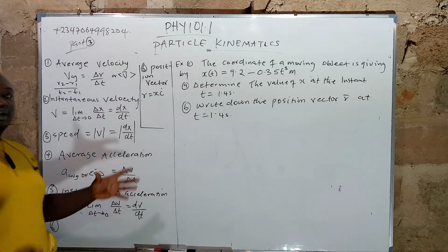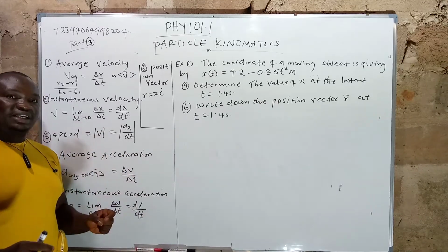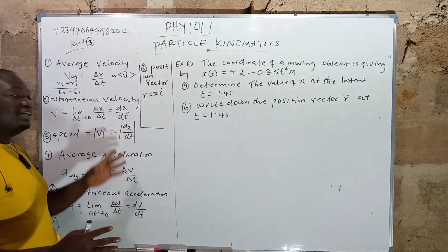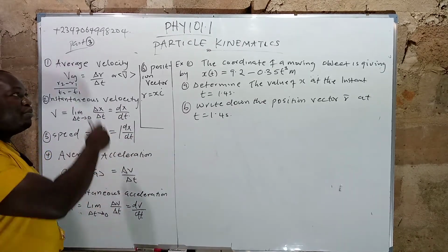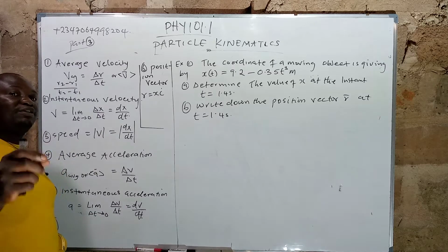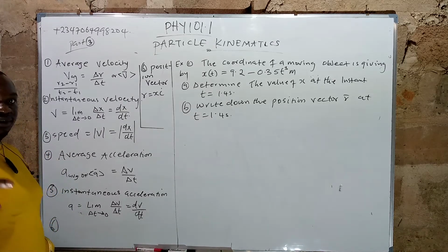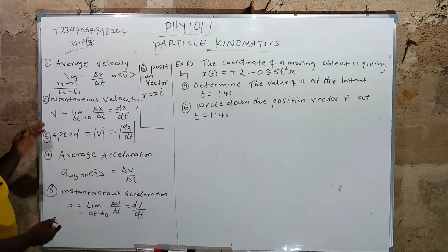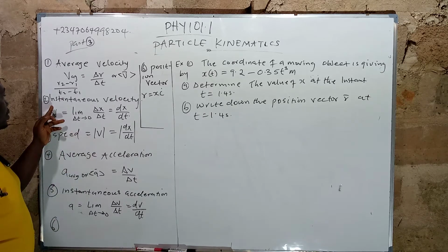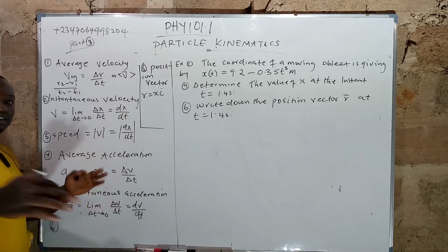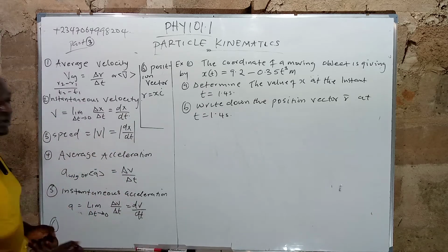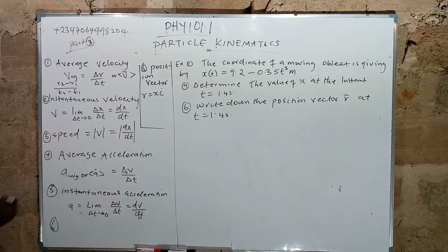I said, check our channel immediately, go to the playlist, you see where I did a video on differentiation. Use it to refresh your memory before you come back to watch this video, unless you already have a knowledge of differentiation. Now, the speed is the magnitude of the instantaneous velocity. So it's a magnitude. Whenever I start solving calculations, you start understanding what I mean, the meaning of all this.